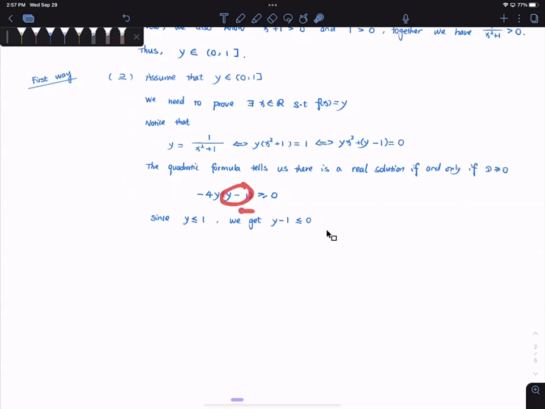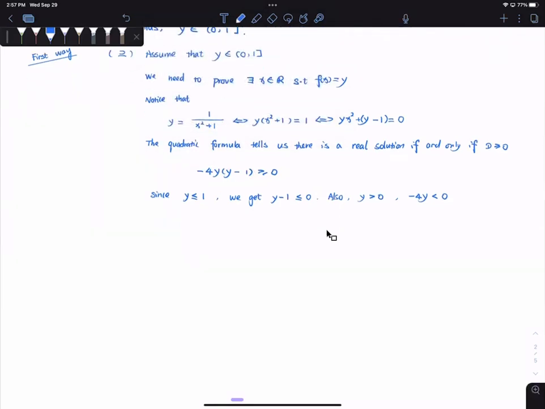And also, we know that y is greater than 0, so negative 4y is going to be less than 0. So we have a negative number multiplied by a negative number. That's going to give you a positive number. So we prove that it's going to be greater than or equal to 0.